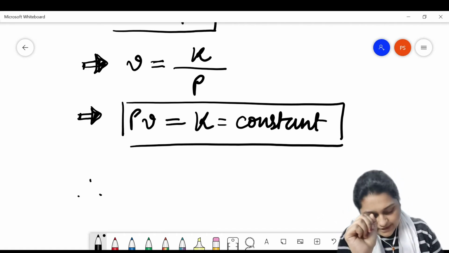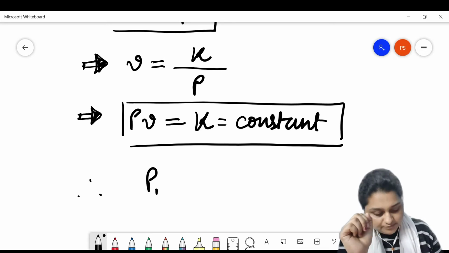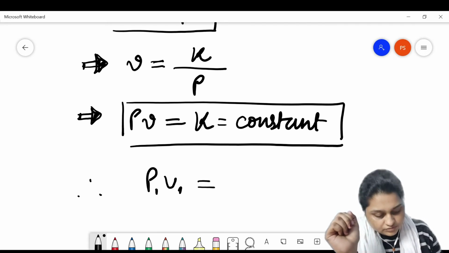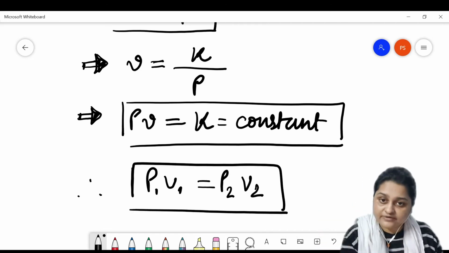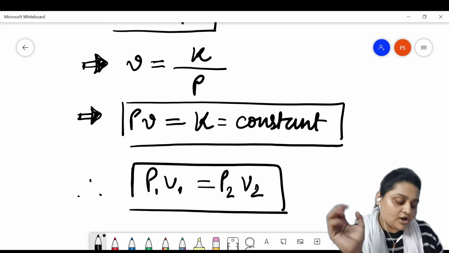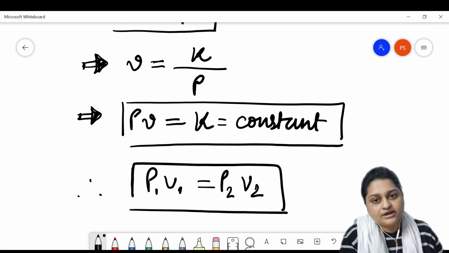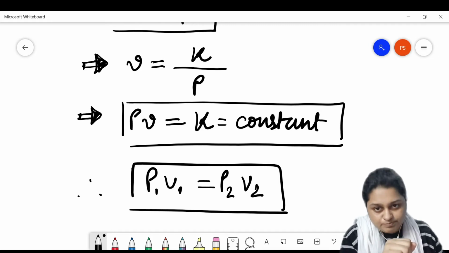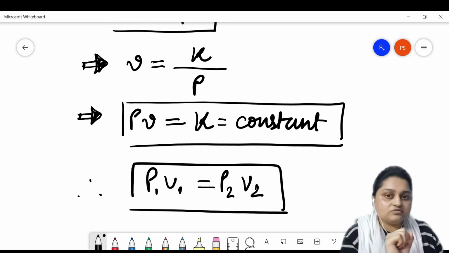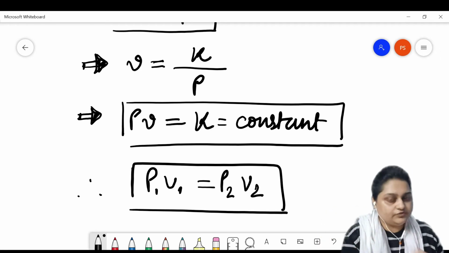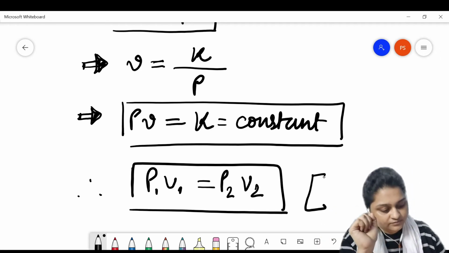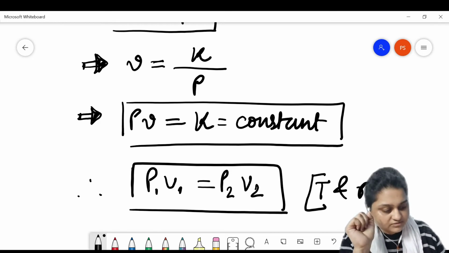You can write that P1 V1 equals P2 V2, because the temperature is constant and the certain amount of gas is taken in a closed environment. Whatever the change in pressure and volume may be, the product of pressure and volume will always remain the same. That's why P1 V1 equals P2 V2 when temperature and number of moles are constant.